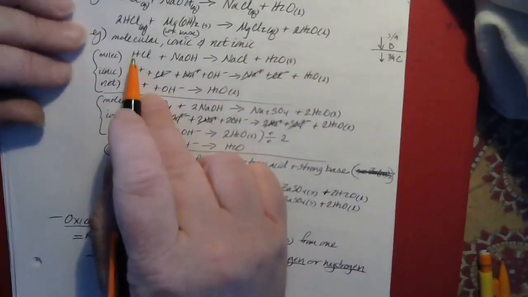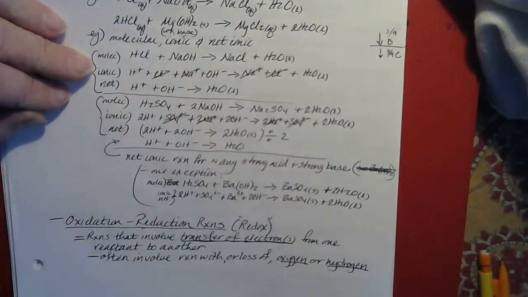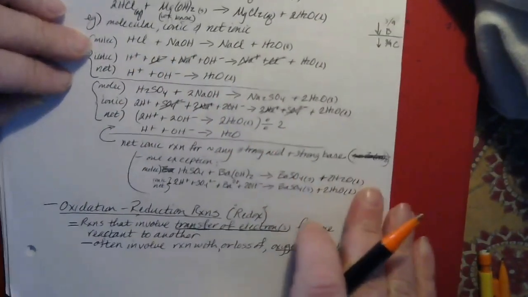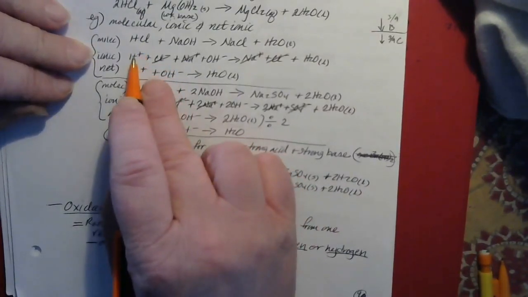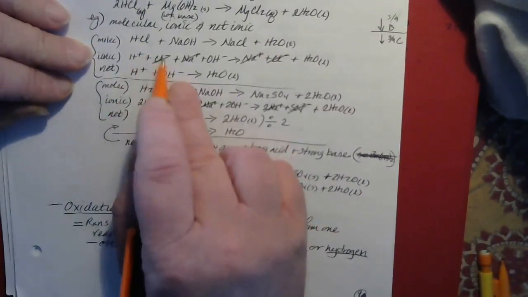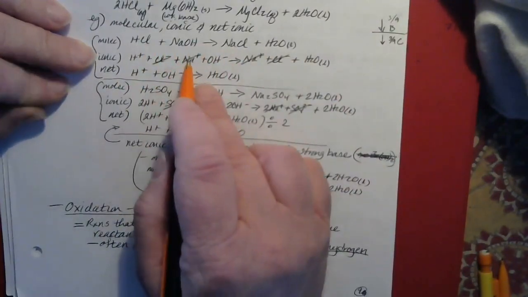If the reactants are strong acids and strong bases, then they will ionize completely in water. And so HCl will actually be present as H plus and Cl minus, both aqueous, but I've gotten lazy and decided not to write that.